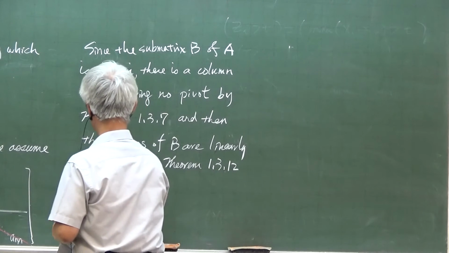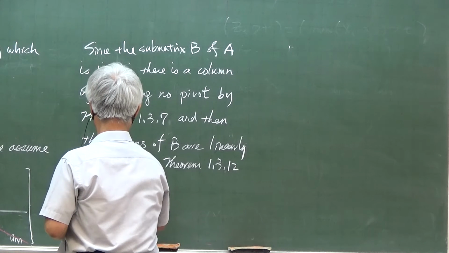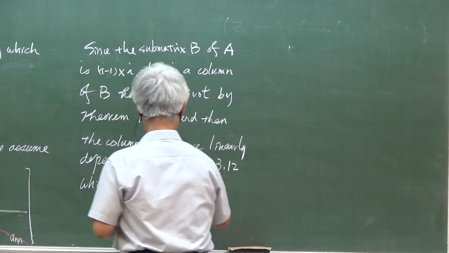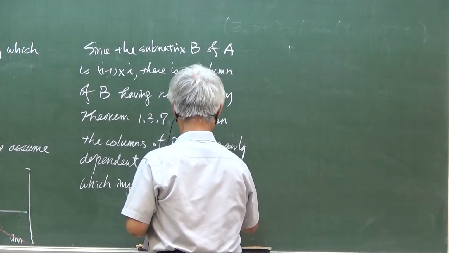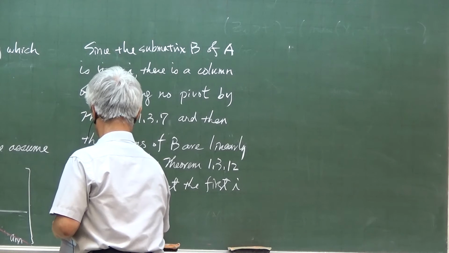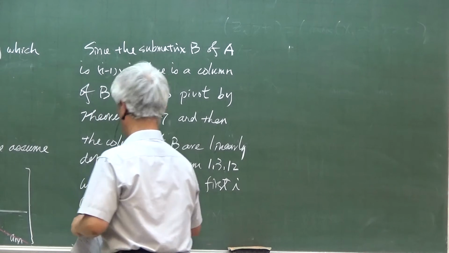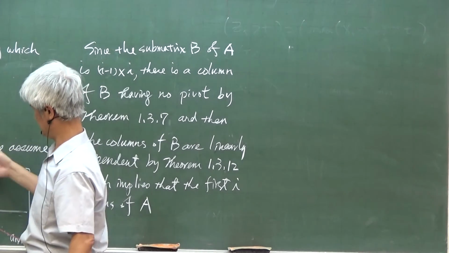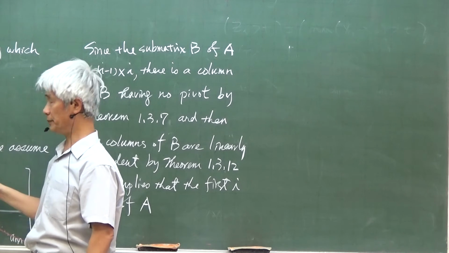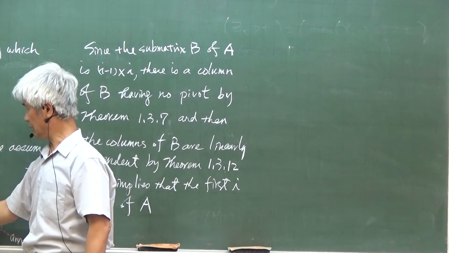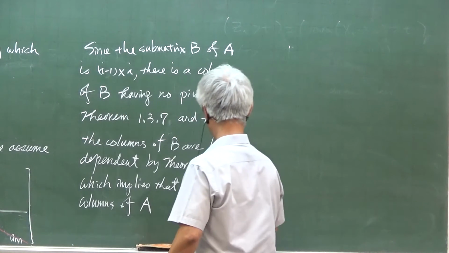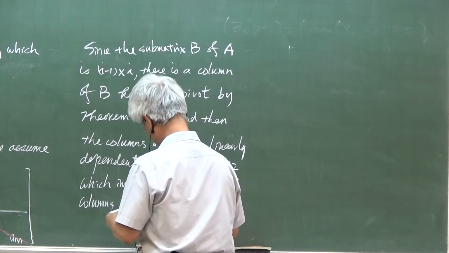Which implies that the first i columns of A, because the difference between the first i columns of A and the columns of B is that here we add all zeros, are linearly dependent too.